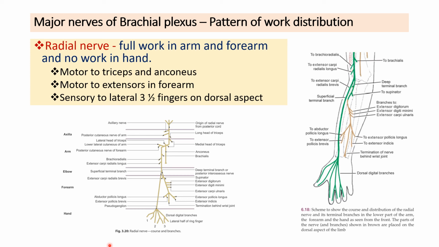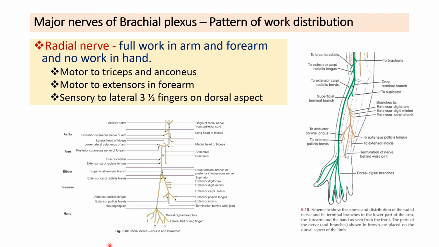And if you follow its course after its formation, how it will enter into the spiral groove, and then how it will come on to the lower part of the front of arm, then how it passes through the supinator as the posterior interosseous nerve, and then its distribution in the forearm and in the hand.